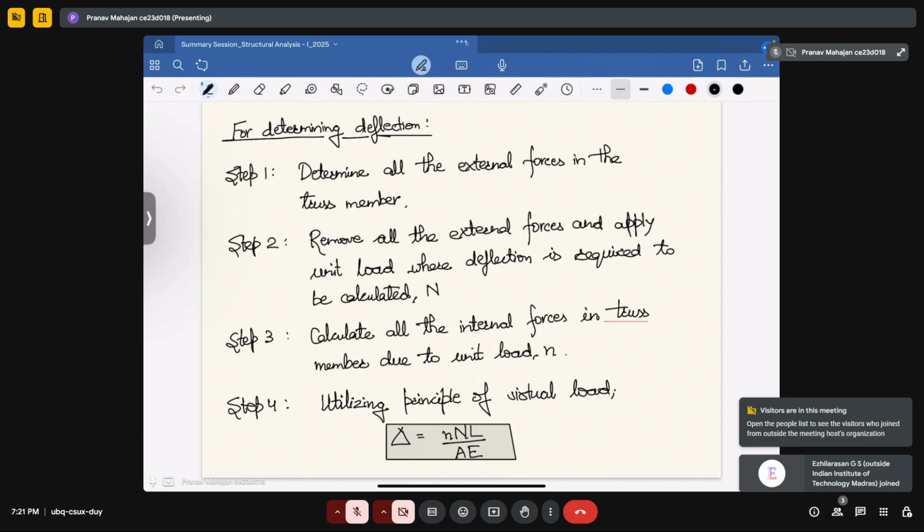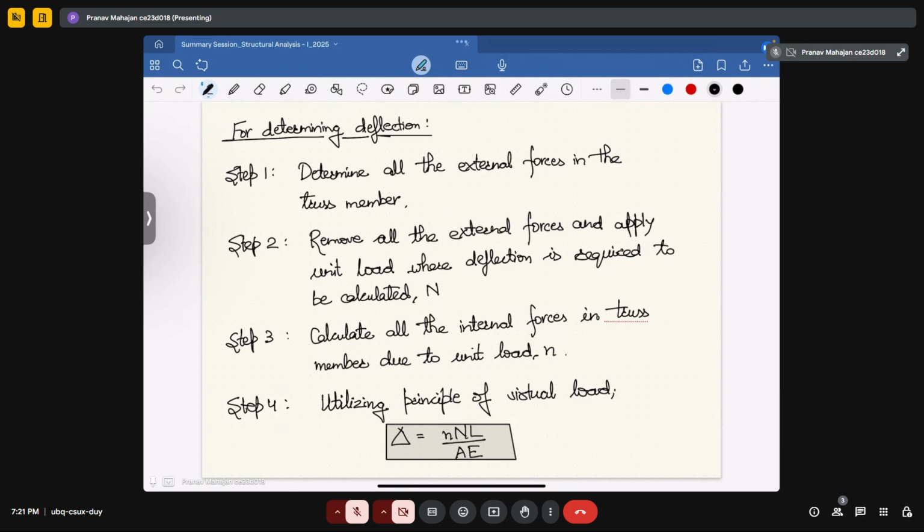Okay, so your step 2 is you have to remove all the external forces and apply a unit load at the place where you are expected to calculate the deflection. So that will become your capital N.